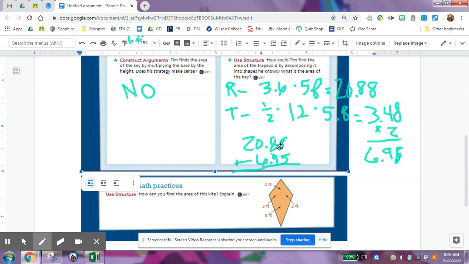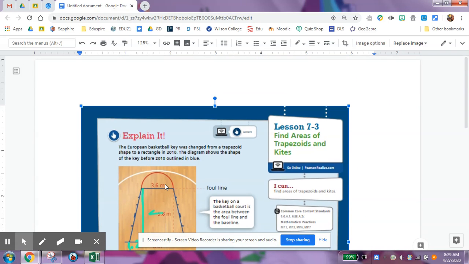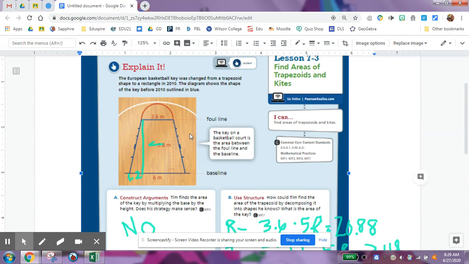I'm really sorry about that. That's 6.96. And when I add those together, that gives me 27.84. And my units is meters, so we say meters squared. So that is the area of the trapezoid. We broke apart the trapezoid into 3 shapes that we know to find the area.